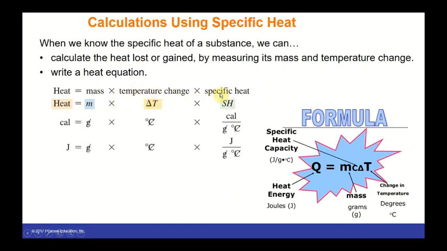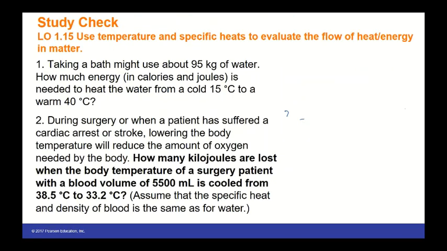We can use calories or joules. And when we do our calculations and cancel out all our units, we've got grams and degrees, and then we have our unit for specific heat, where we cancel out the grams and Celsius. Let's do a few problems.